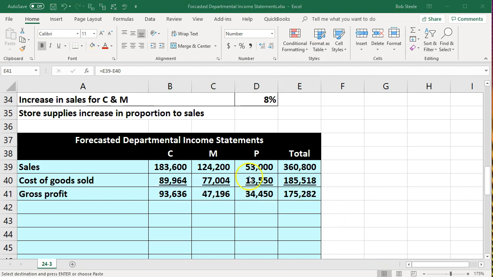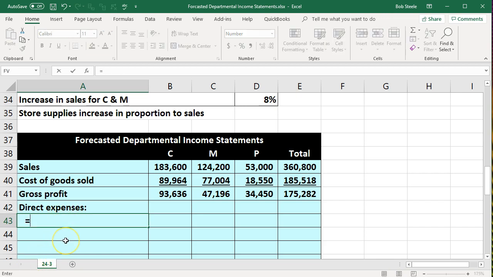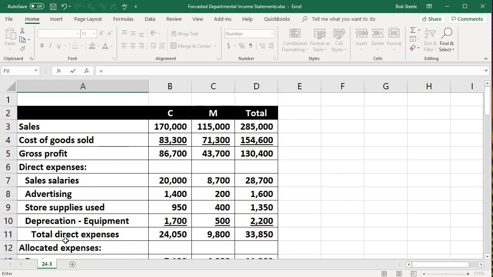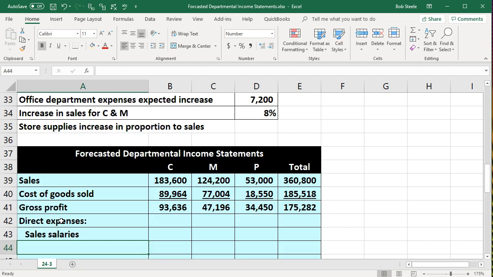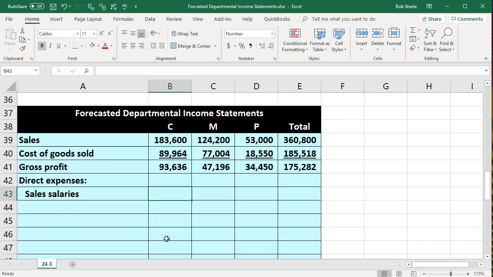And then we're going to have the direct expenses. So we'll say the direct expenses are next. I'm going to put a subtotal direct expenses with a colon. First item, I'm going to say equals and scroll back up, and we're going to pick up the salaries. Now we're going to assume that the salaries are not changing because they're salaries. They're going to remain the same.